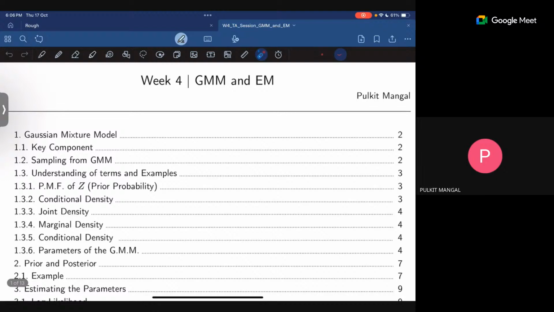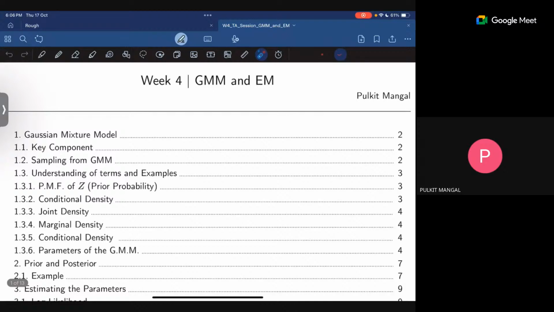Let's say we have three normal distributions, all three having different mean and variance. Our data set is generated from those three normal distributions. It is not necessary to always be a Gaussian mixture model; we can have distributions from other families also, like uniform or exponential. But for our course, we will only focus on the Gaussian mixture model.